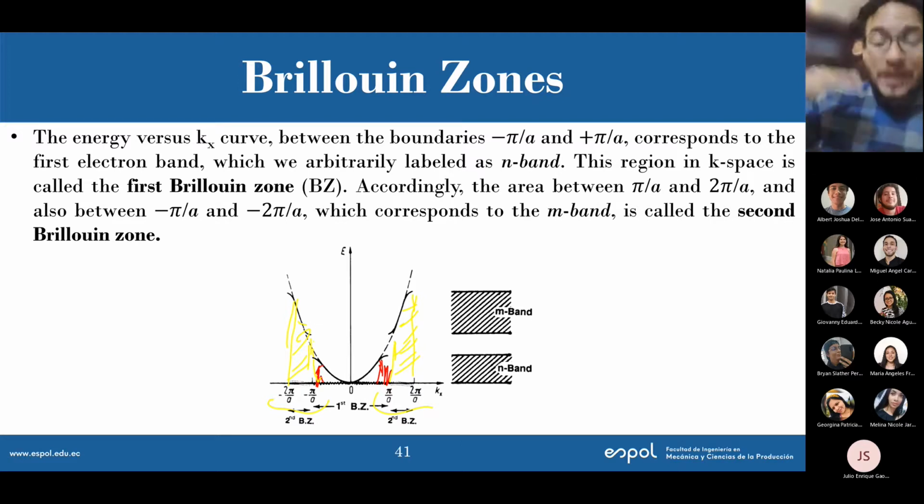So the lowest allowed energy band corresponds to the first Brillouin zone. The next higher one corresponds to the second Brillouin zone. The next higher will correspond to the third Brillouin zone. And it will go on and on.